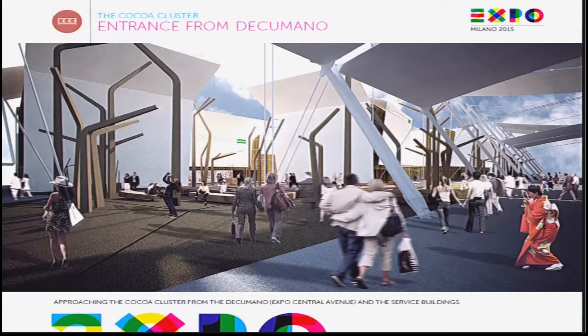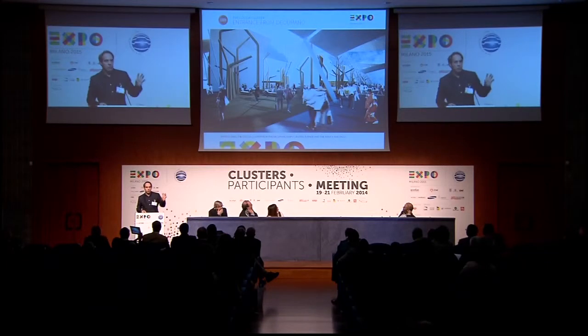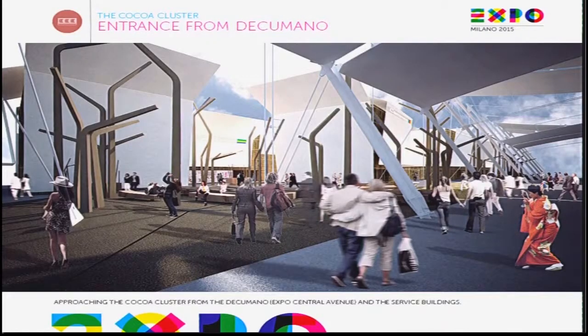This event theater is also one of the main parts accessible from the Decumano, from the big public boulevard of the entire site. We see here one of the pictures trying to show how you approach this area in daylight time.